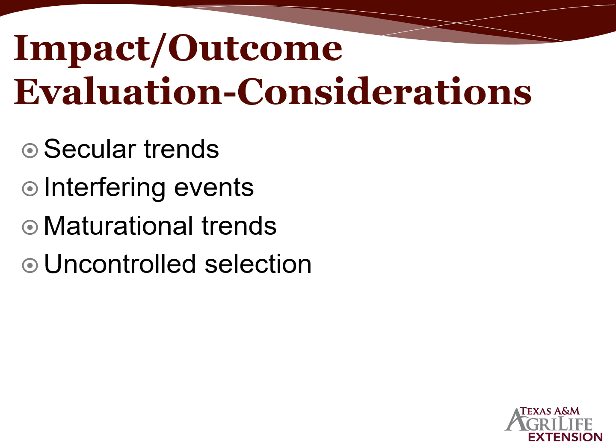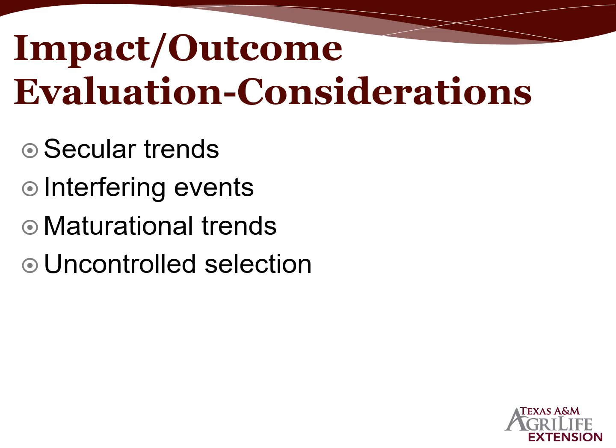Okay. Uncontrolled selection. We talked specifically about our target audience and how important it is that we have our target audience involved in our program. Uncontrolled selection, because our programs are voluntary, because our programs are open to all that want to participate, typically, you have people that may show up to participate. You don't have a lot of control over that. They may not fit specifically into your target audience.